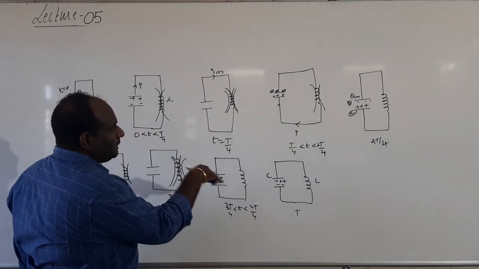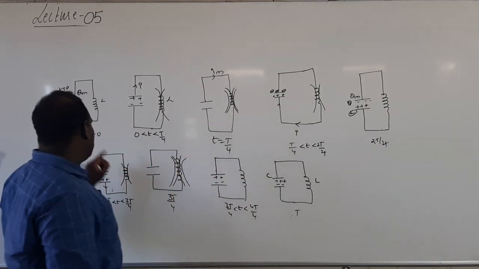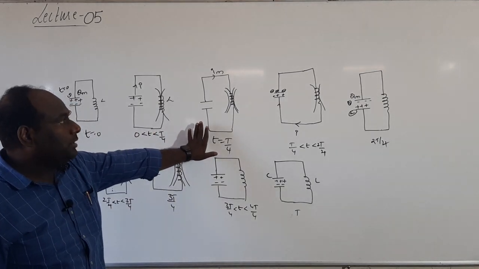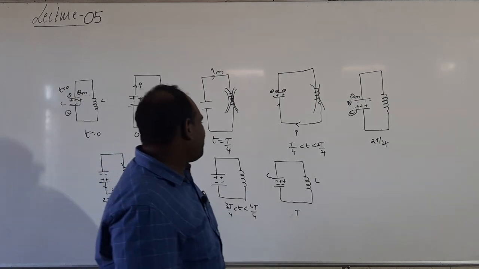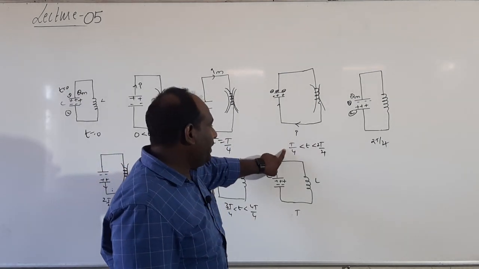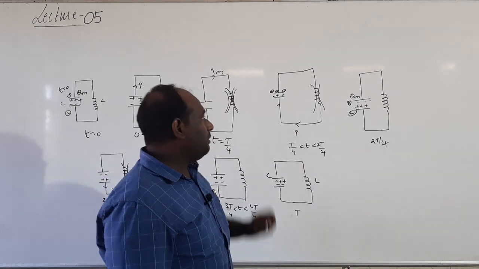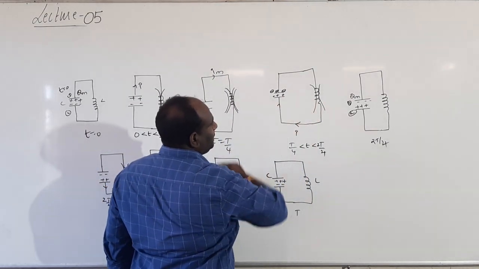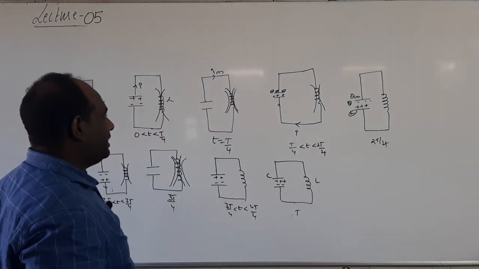So this is the first quarter cycle. From 0 to t/4, the capacitor keeps on losing the charge and the inductor keeps on storing the energy. Between t/4 and 2t/4, what will we observe? The inductor starts losing the charge and the capacitor gets charged in the opposite direction, with reverse polarity.